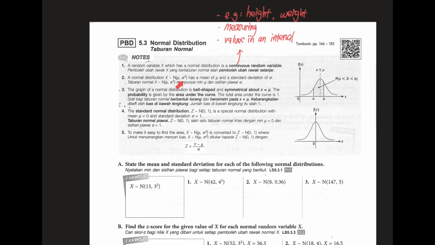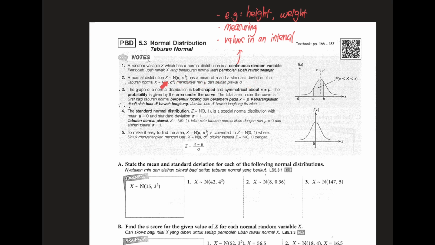Sigma alone is standard deviation. So from here you can see two pieces of information. One is the mean, which is mu. Another is the variance, so you just square root it to get the standard deviation.